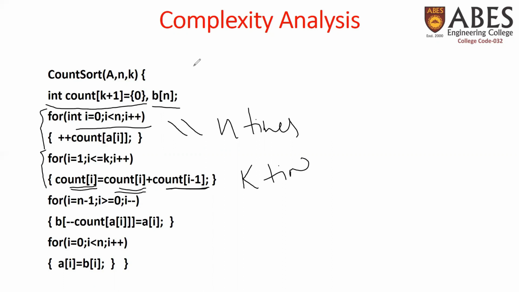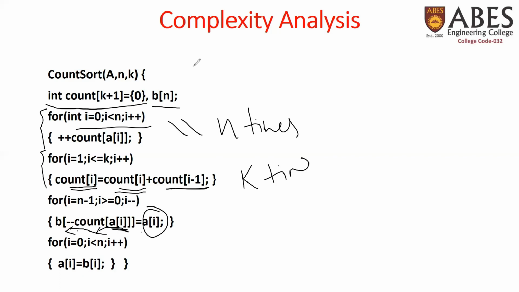And after updating the count array, what we are doing is picking the last value of A[i], and we go to that particular value as an index for the count array, and then decrement it by 1. And when the updated value comes, you store at that position the value A[i].